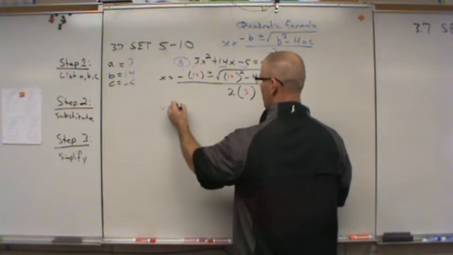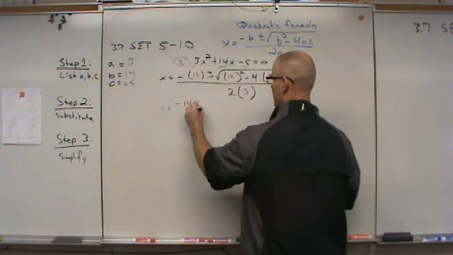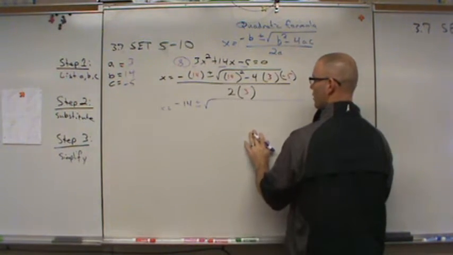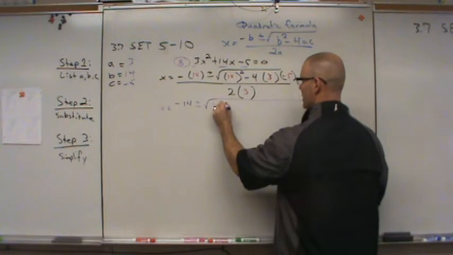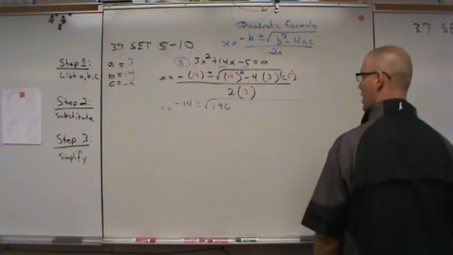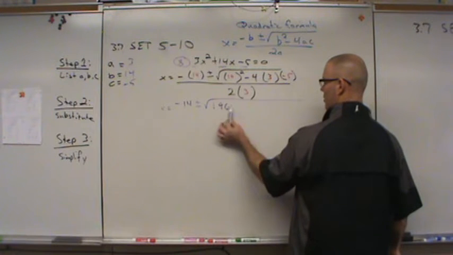So x is equivalent to minus a positive 14, which is negative 14, plus or minus the square root of 14 squared. Well, 15 squared is 225, so 14 squared, a little bit less than that, is 196. Use a calculator if you're not sure. You should have one for manipulating this stuff. Is it 196 plus or 196 minus?